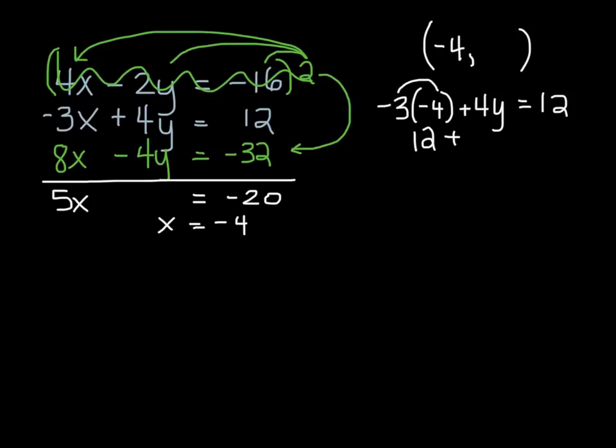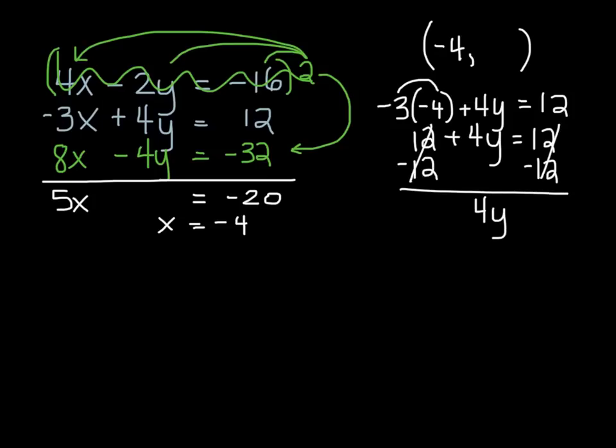Negative times a negative is a positive. I'm going to subtract 12. Uh-oh. Both of these cancel out. I only have 4y. But the equal sign doesn't go away. Don't forget, 12 minus 12 is 0. If I divide by 4, 0 divided by 4 is 0. So the y would be 0. And this would be my answer.